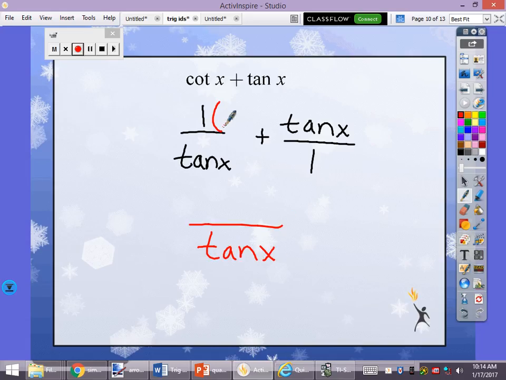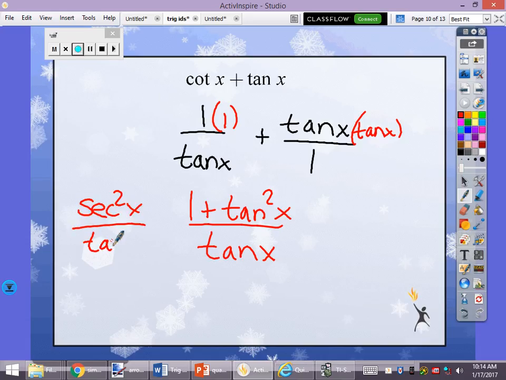So I'm going to multiply this by 1, and multiply this by tangent x because that's what's missing. Some people think of it as cross multiply. That's fine. So now it is 1 plus tangent squared x. What do you know about 1 plus tangent squared x? Secant squared x over tan x.